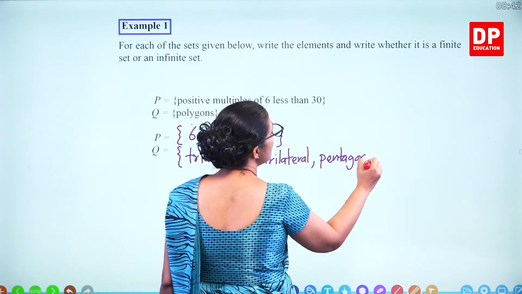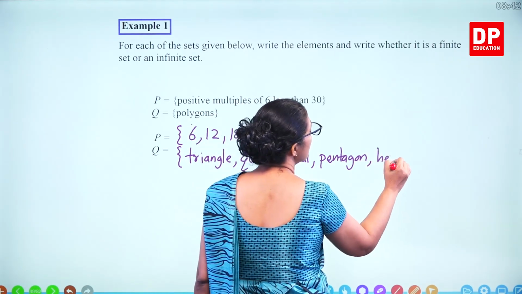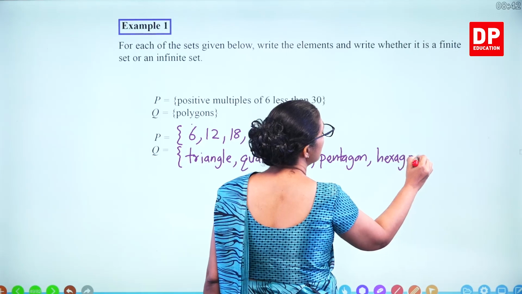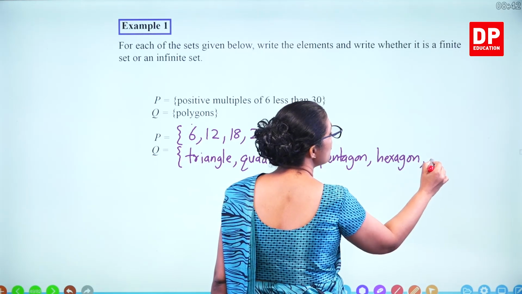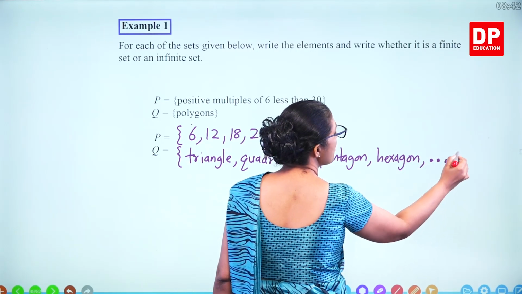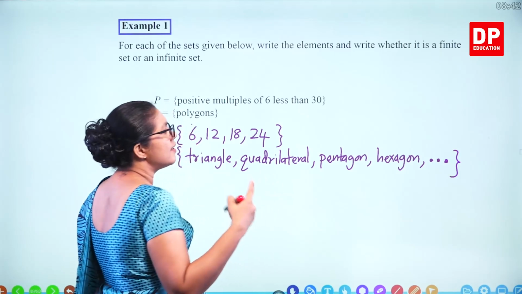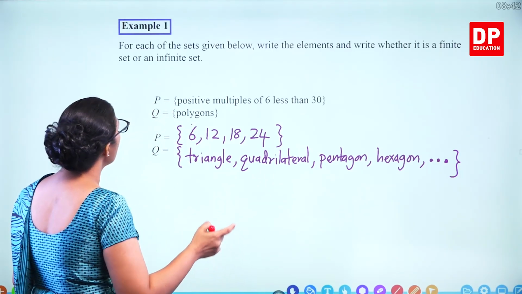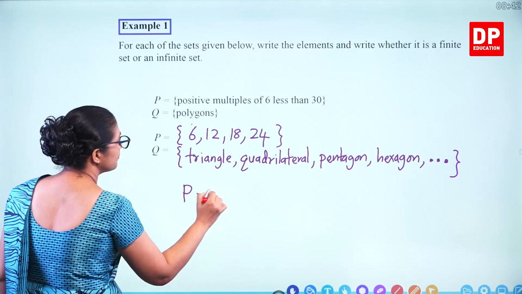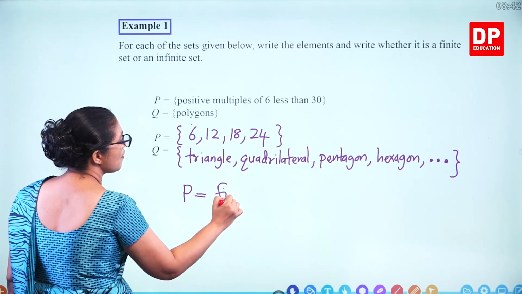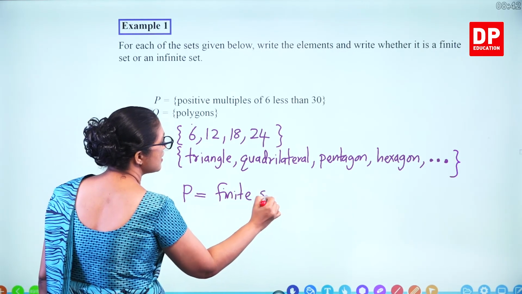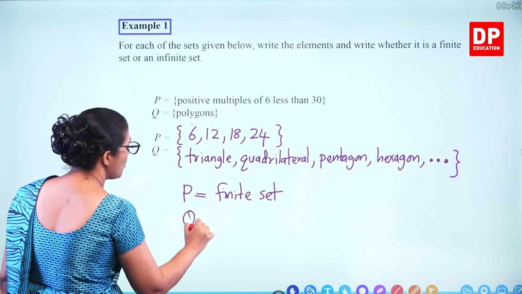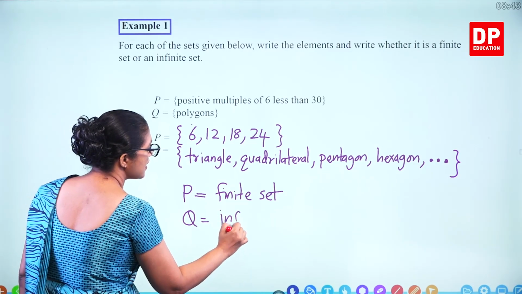So there's no end. N-sided polygons are there, so we put 3 dots to represent. That's not ending. So P is a finite set and Q is infinite set.